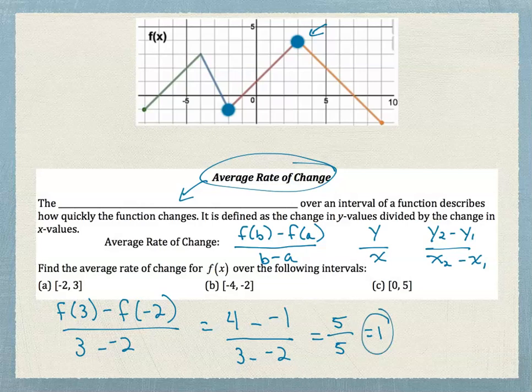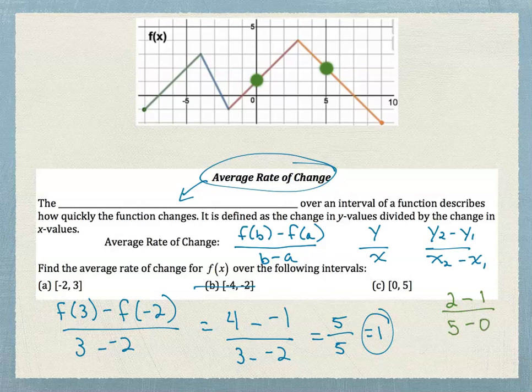Okay, we're going to do this over and over again. Let's look at C. We'll skip B for now. If I'm going from 0 to 5, I would say that f of 5 is 2 minus f of 0, which is 1, over 5 minus 0.